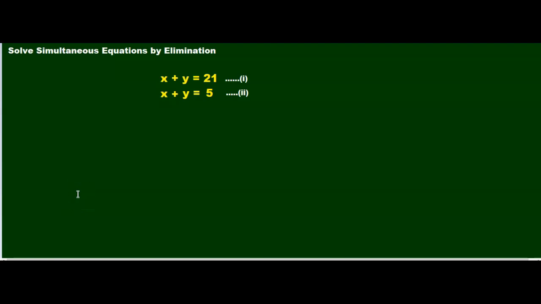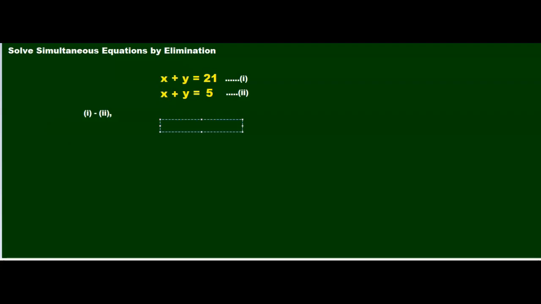Let's try a very similar question, except this time I changed my sign from x minus y equals 5 to x plus y equals 5. What's going to happen? I cannot add down along my column, because if I add, I get 2x plus 2y equals 26. But let's do a subtraction to try to eliminate my x. So I'm going to say equation 1 minus equation 2.